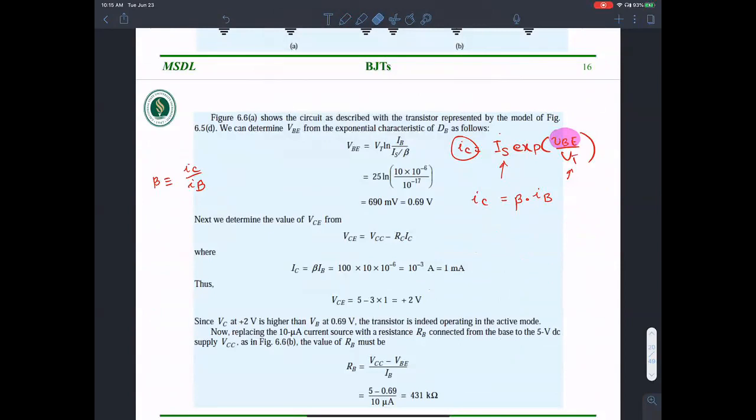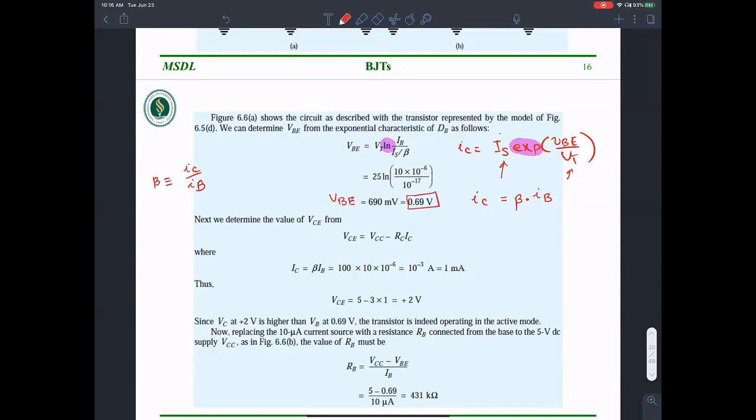It's simply a rearrangement of this equation here, where the exponential is converted to a logarithm. So once we do that, we should have a value for VBE.